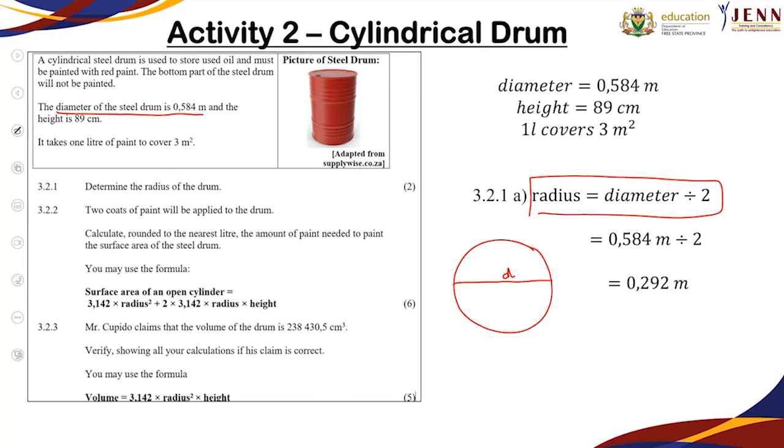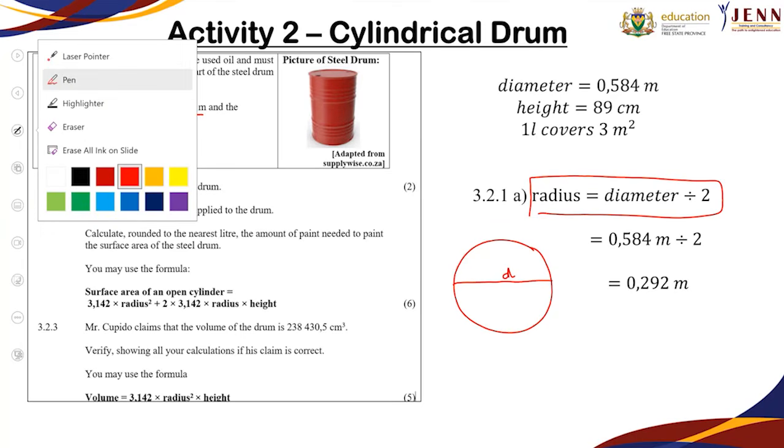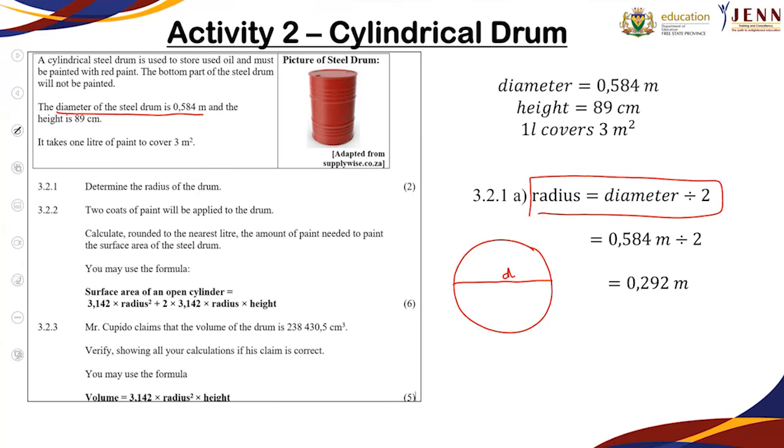I'm just going to call it D. Now, what is the radius? Radius is nothing but half of the diameter. So my radius will be half of the diameter. Okay, so that will be my radius. So that's where that concept comes from. We are not giving it to you, learners. You are supposed to know it. Okay? So radius equals to diameter divided by 2.